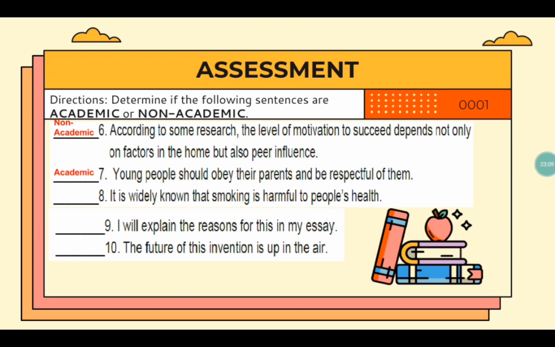Number 8, it is widely known that smoking is harmful to people's health. That is academic. Number 9, I will explain the reasons for this in my essay. This is non-academic. Number 10, the future of this invention is up in the air. This is non-academic.